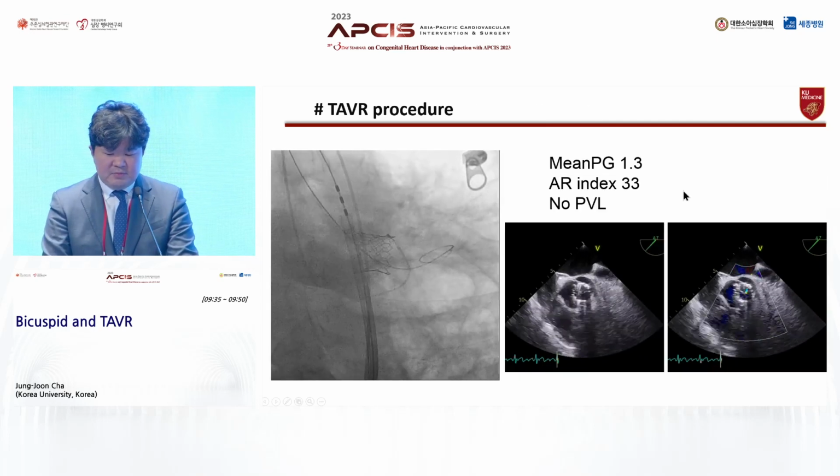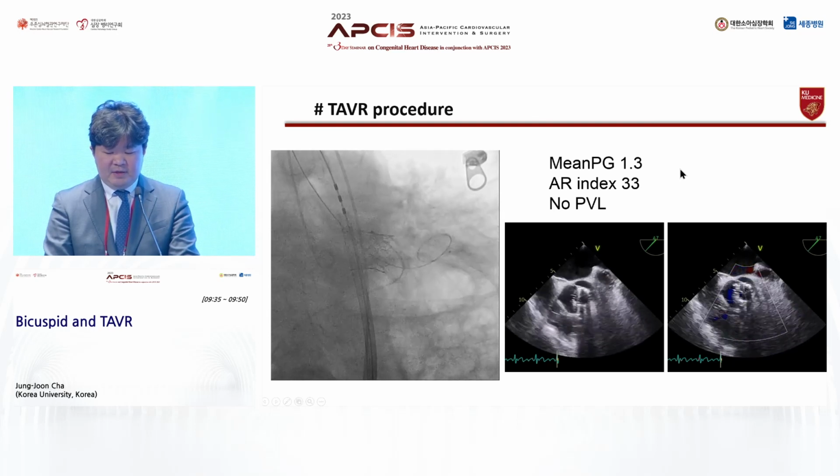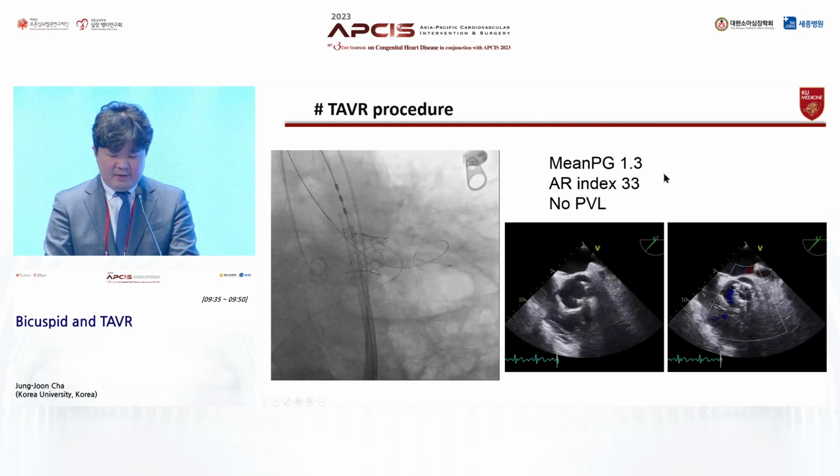The final result was a mean pressure gradient of 1.3 and AR index of 33, and no PVL.